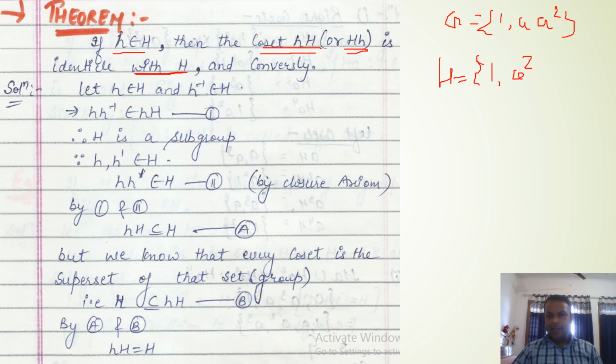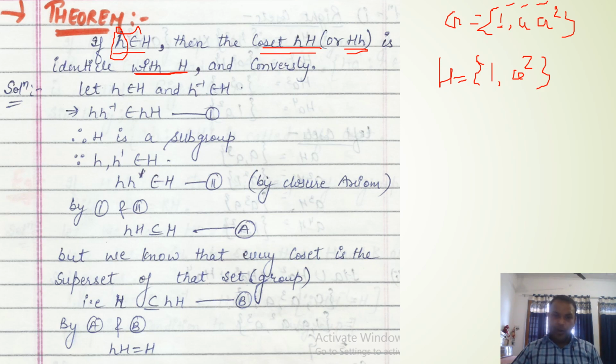If you are writing the cosets in this way, the element by which you want to create the coset also belongs to H. Suppose I am going to write the cosets, then I will multiply this set H by 1 as well as by A, and after that by A square, so that I can find all possible cosets.